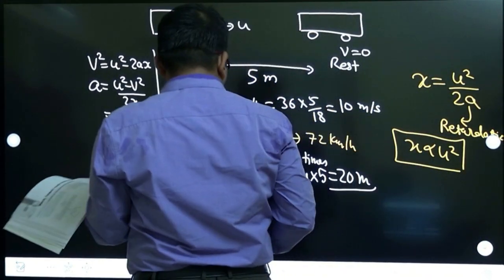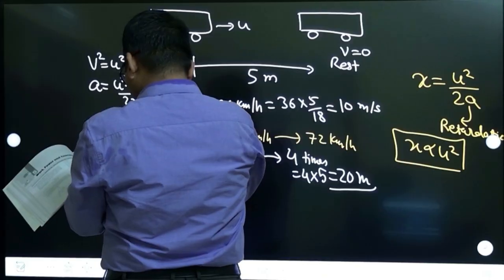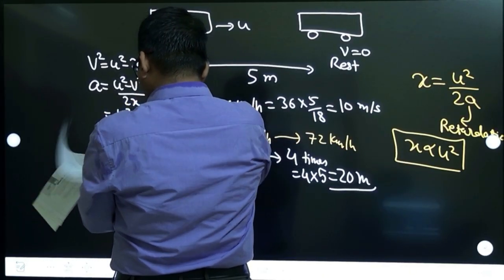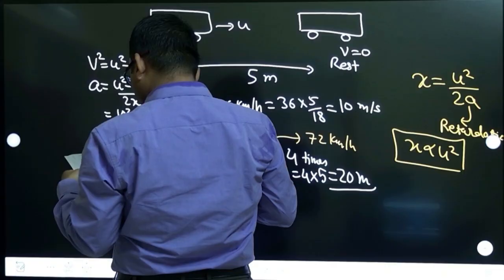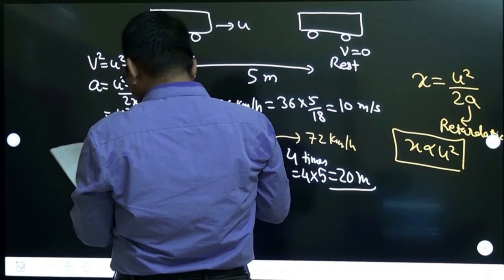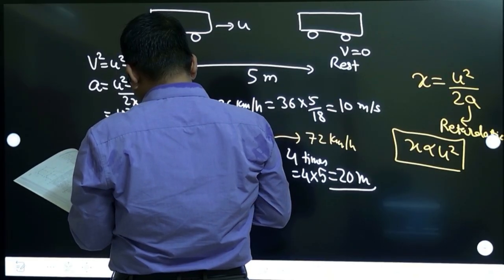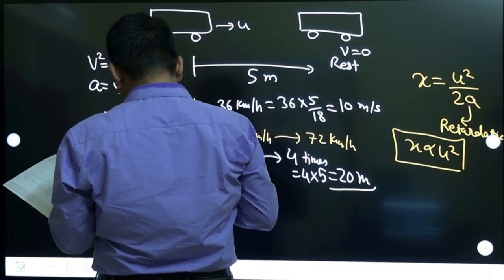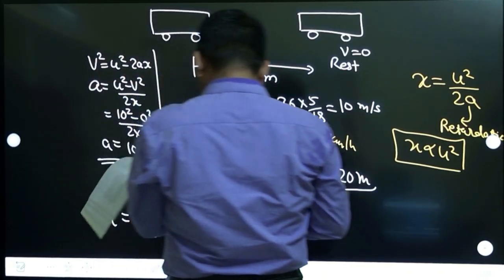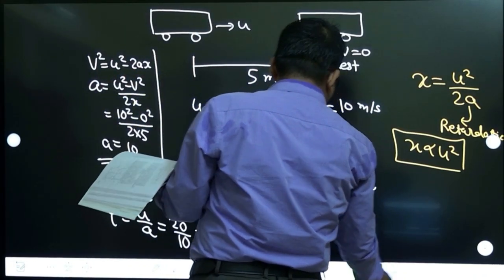Okay, let's try one question on this. But I don't want to take too difficult a question. Fewer questions, it looks like. Okay, let us try this question. Integer type question.